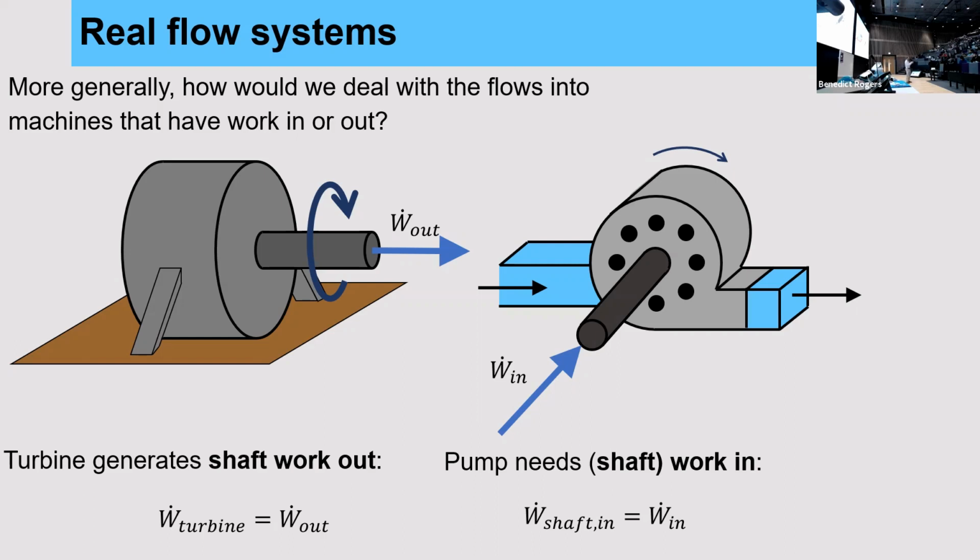But what happens if you need to move fluid around from one place to another? We'll see an example of this later. So this means that we need to use a pump, and the pump needs energy going in. And so this is what is called pump shaft work in, which you can just see here. So this thing will rotate, and as it rotates, it then moves the fluid on its journey from left to right.